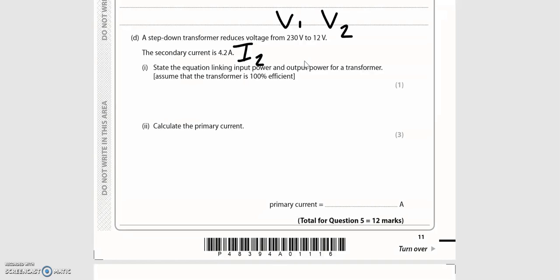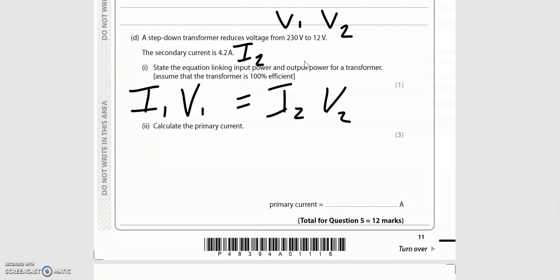State the equation linking input power and output power for a transformer, assuming it's 100% efficient. So that equation, and you've got a clue here because we're talking about voltage and we're talking about current, is that your first current, your primary current, times your primary voltage is equal to your secondary current times your secondary voltage.